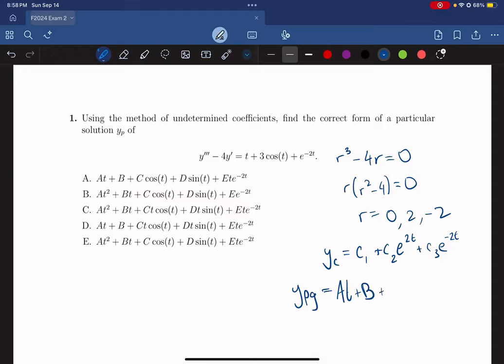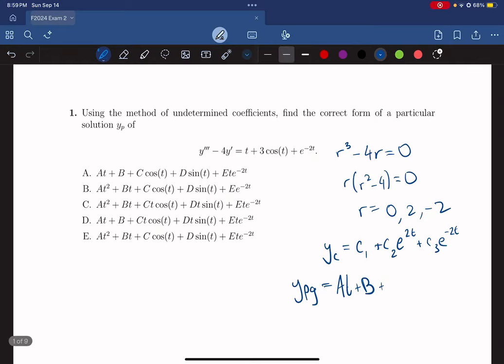So that's for the first term. Now the second term is 3 cosine of t. Whenever we run into cosine or sine, our guess for the form is going to include both sine and cosine, and you should always have the same term inside the cosine or sine as in the original form.